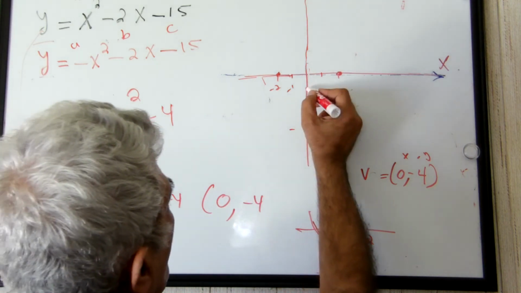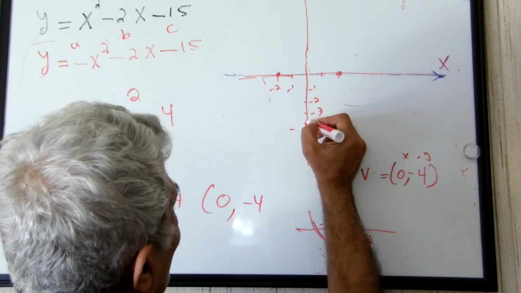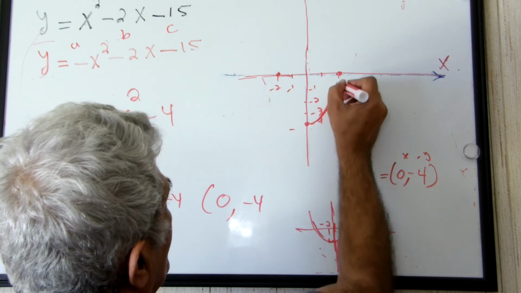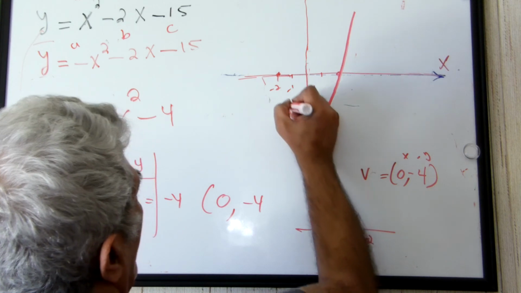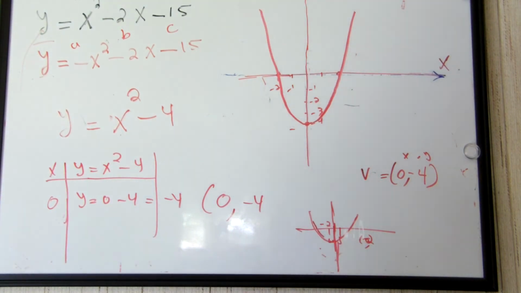So actually minus 1, minus 2, minus 3, minus 4 here. And now we can draw this. It's going to be like this.